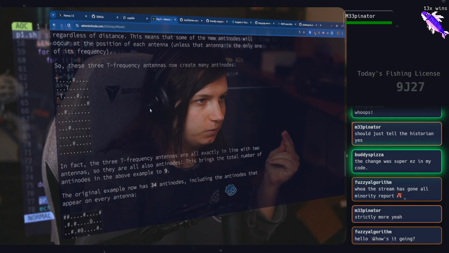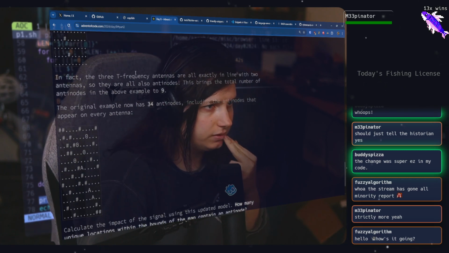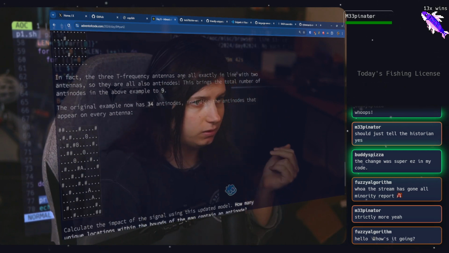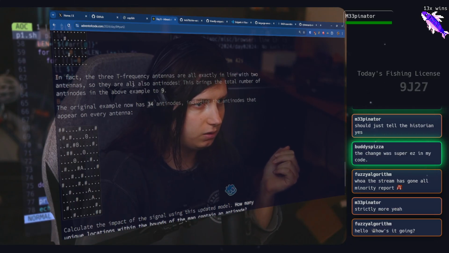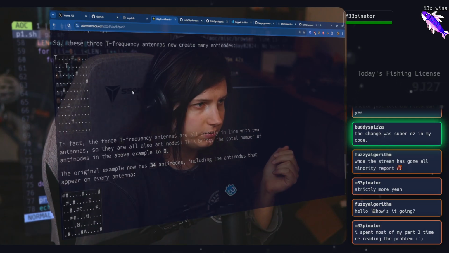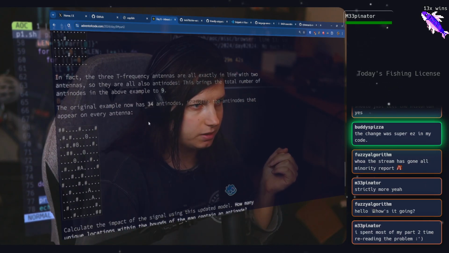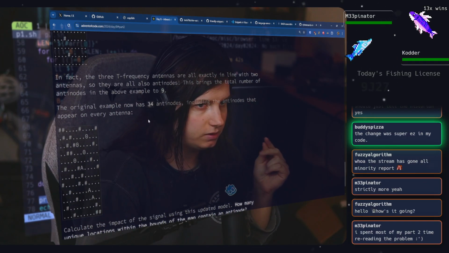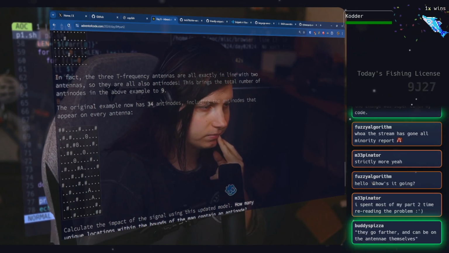How's it going? It's going well. The T frequency antennas are all exactly in line with 2 antennas, so they are all also antinodes. This brings the total number of antinodes in the above example to 9. The original example now has 34 antinodes, including the antinodes that appear on every antenna. Fatality.